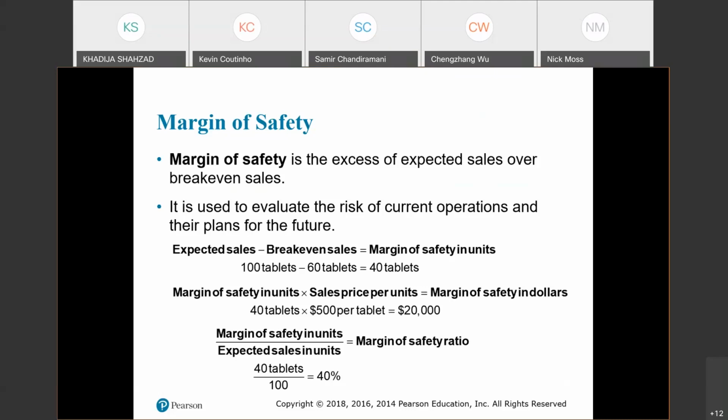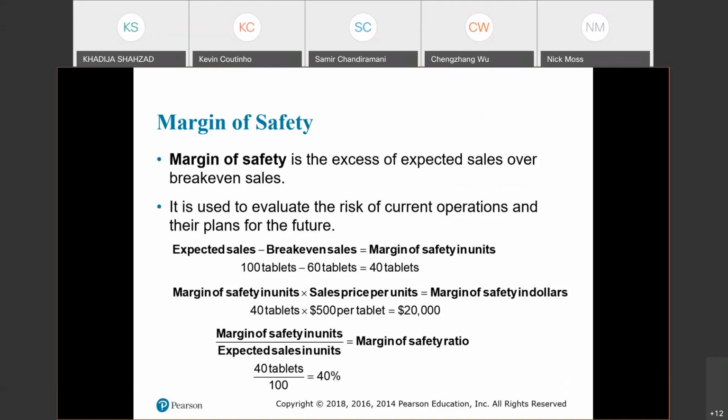The more it is, the safer you are. Managers use this margin of safety to evaluate the risk of both current operations and their plans for the future.